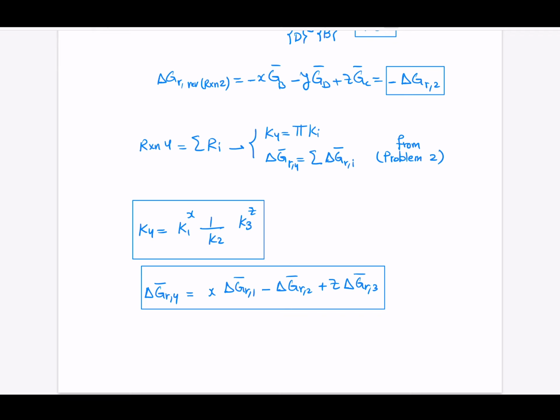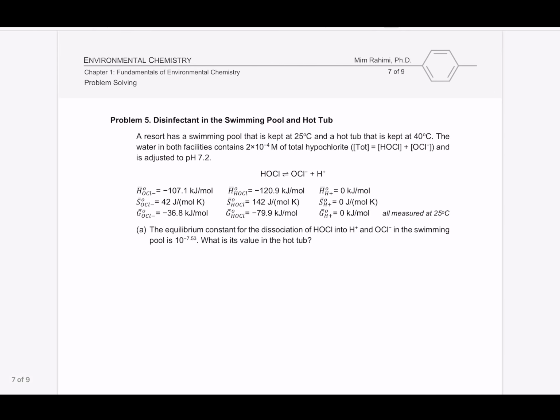Okay, so the last problem is about disinfection of a swimming pool and hot tub. So pretty straightforward. We have a resort that has a swimming pool at 25. We also have a hot tub at 40, so two different temperatures.